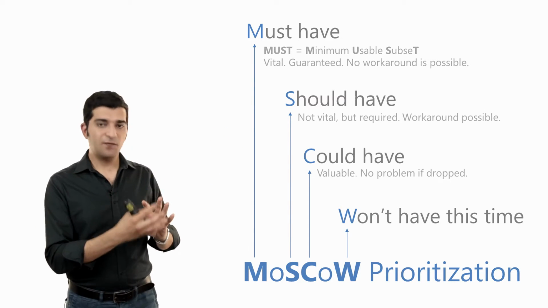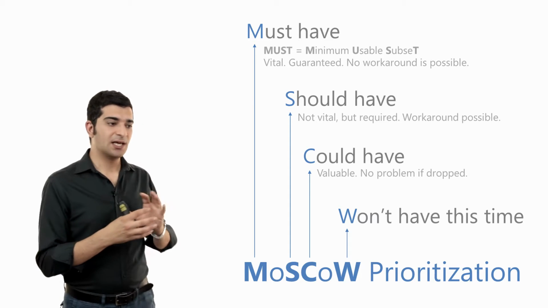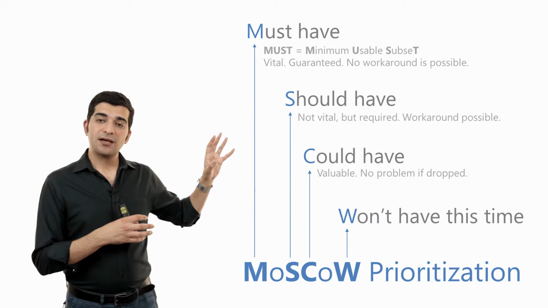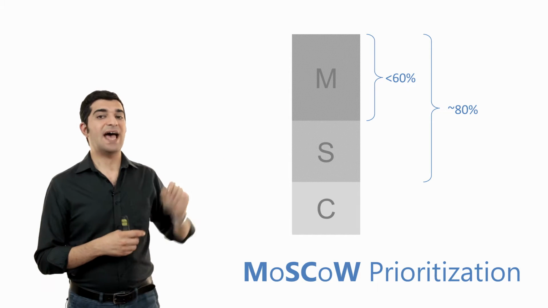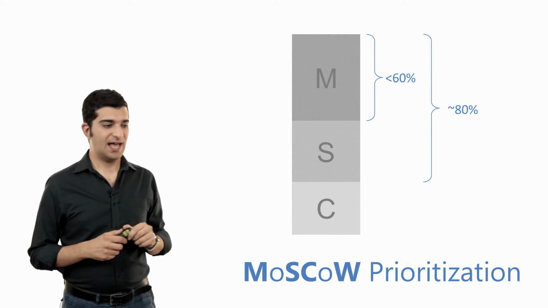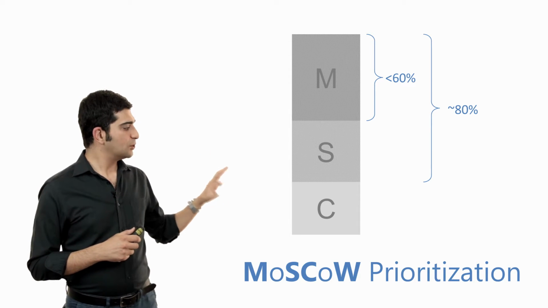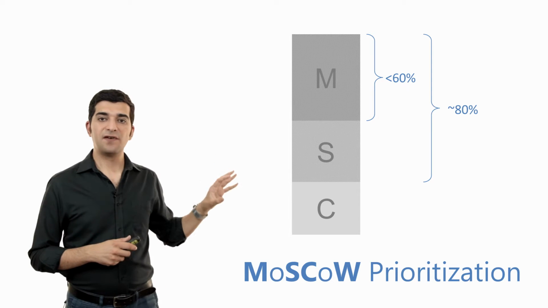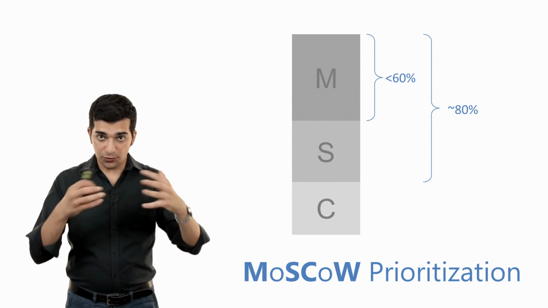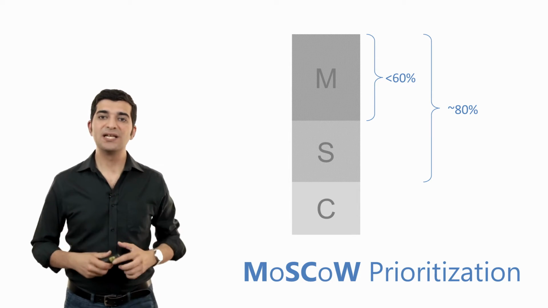So when we are forming the project initially, the rule in DSDM is that we shouldn't have more than 60% of the features as must-haves. And we should have about 20% of the features identified as could-haves. That creates enough flexibility in our project.